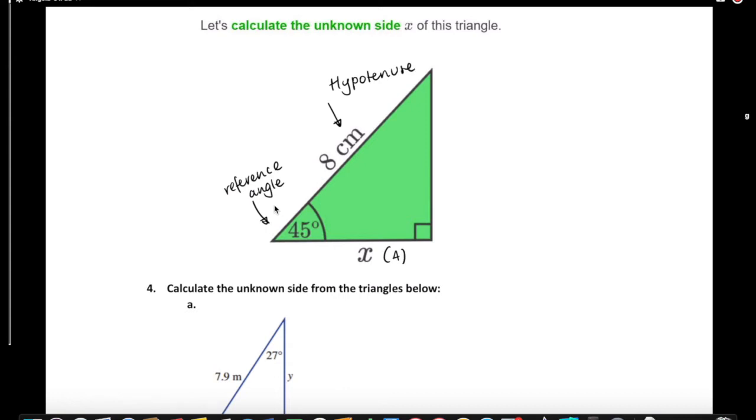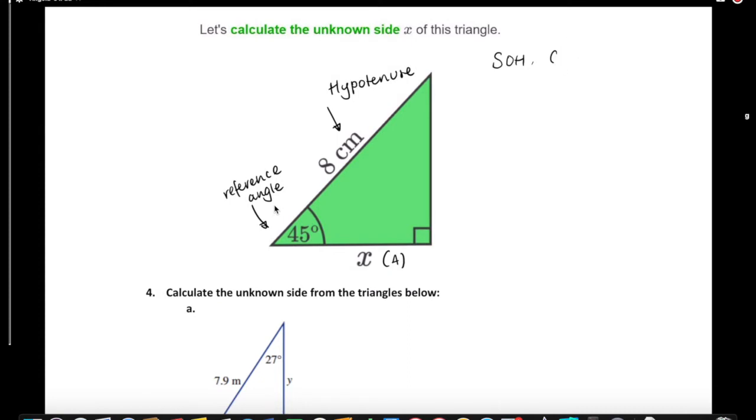So now using our trigonometric functions, I'm just going to write all of them out just so that you get into the habit of being able to identify which ratio to use. So immediately we know that we don't have an opposite, and we're actually asked to find our adjacent.